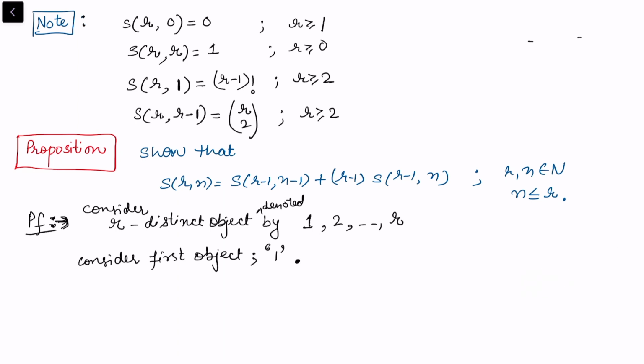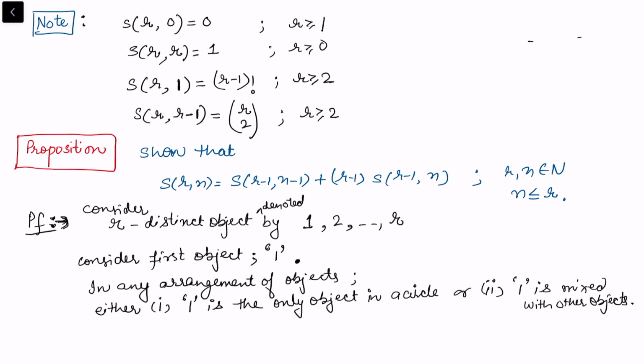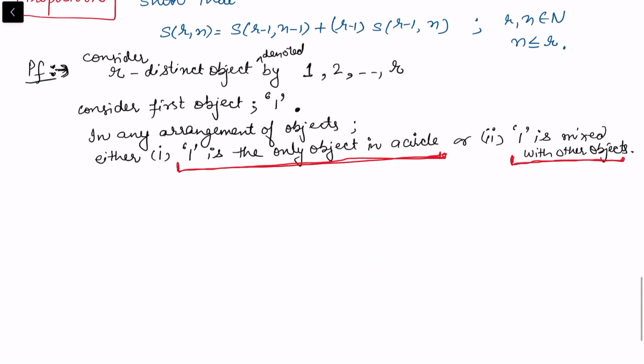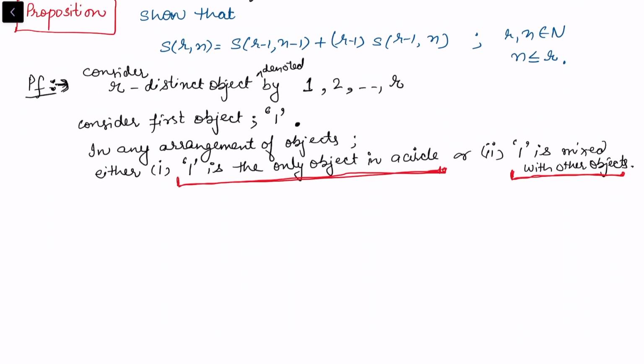So in any arrangement of the objects, either one is the only object in a circle, or one is mixed with the other objects. Of course these two classes give us disjoint cases, because in the first case one is the only object in the circle. That satisfies the condition of the Stirling number, that there has to be at least one object on the table. In the second case, there are more objects than the first object. Now we will count how many ways there are for the first case and how many ways for the second case.